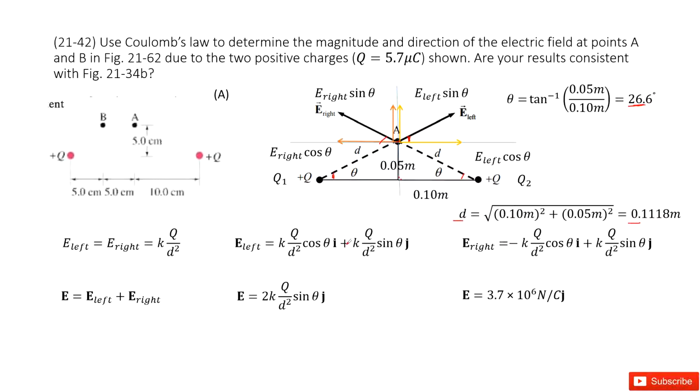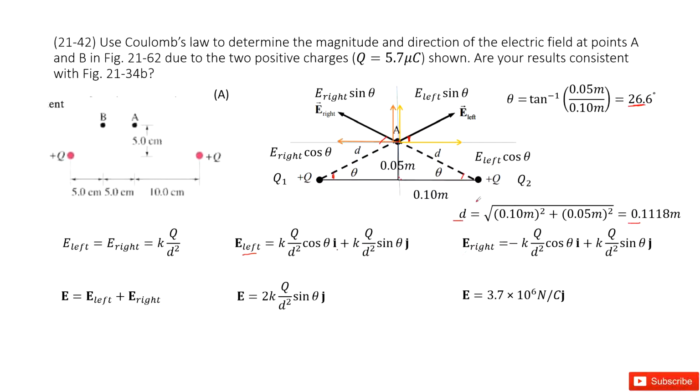Therefore, we can write E left and E right in vector format: the X component times the I unit vector, plus the Y projection times the J unit vector. So you write it there.